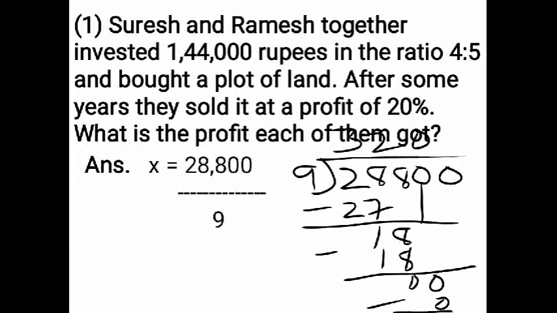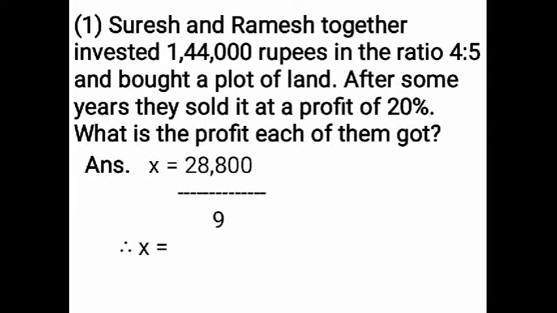Then if you bring down the last 0, again 9 zeros are 0. So the answer is, therefore, x is equal to 3,200.